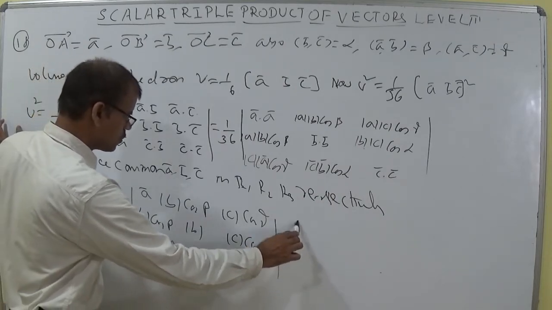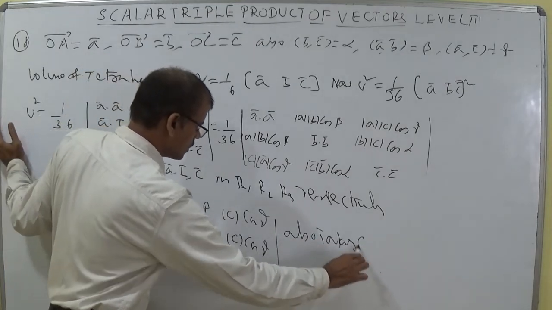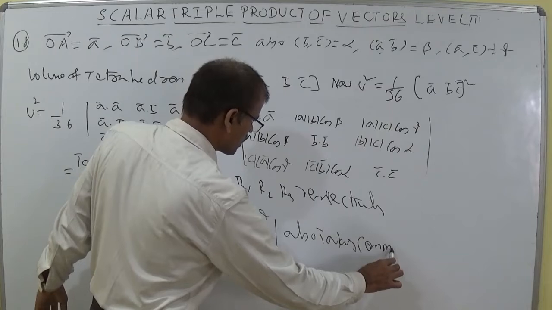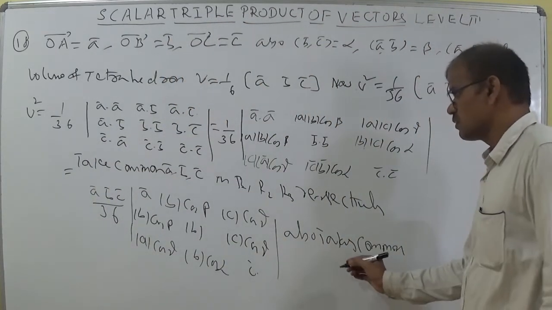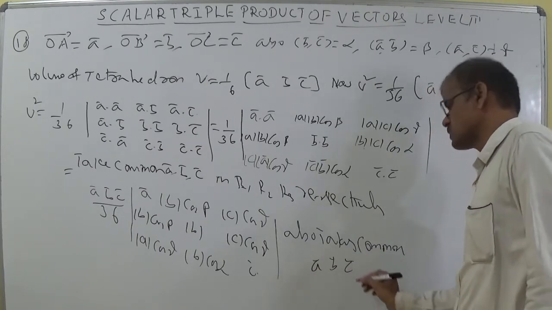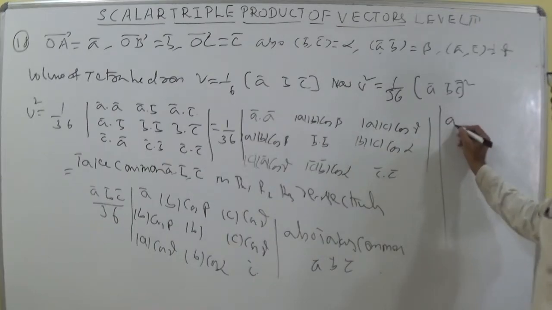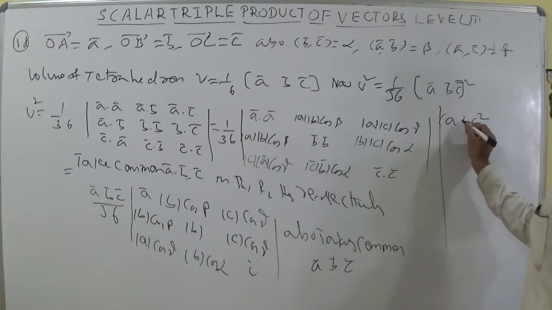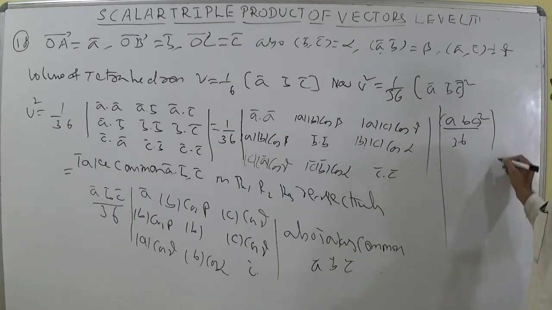Now also take common A bar, B bar, C bar from the columns. So A bar, B bar, C bar whole square by 36.